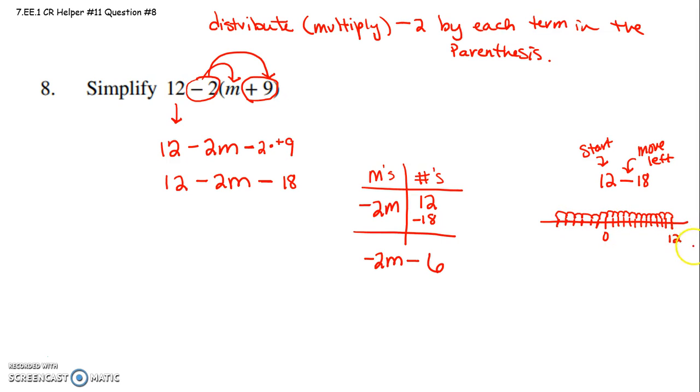If we start at 12 and move 18 places to the left, we end up at -1, -2, -3, -4, -5, -6. So whether you use your rule, signs are different, find the difference, keep what you have more of, or you fall back on a number line, you're going to come up with -6 when you do 12 minus 18. So your final answer here is -2m minus 6.